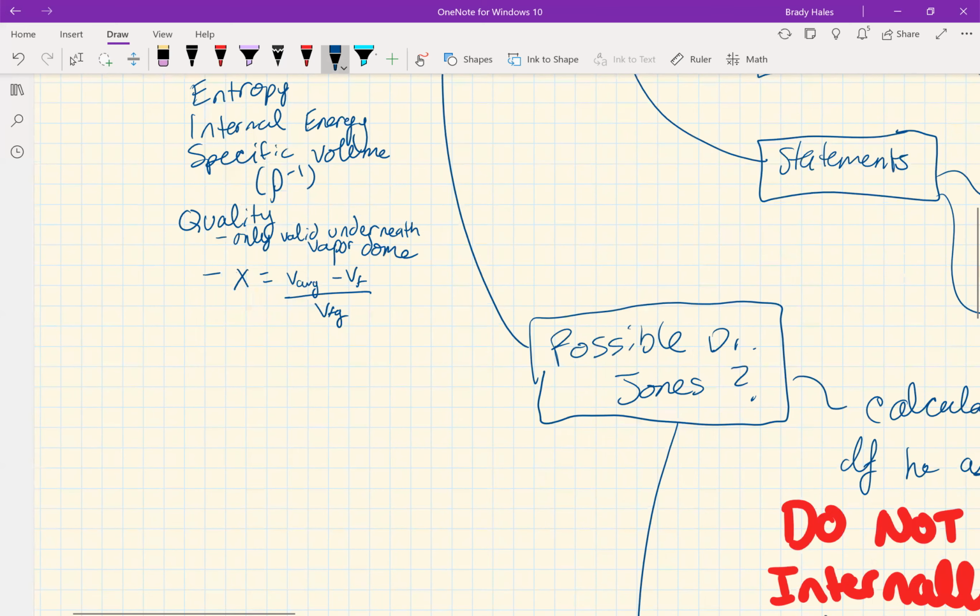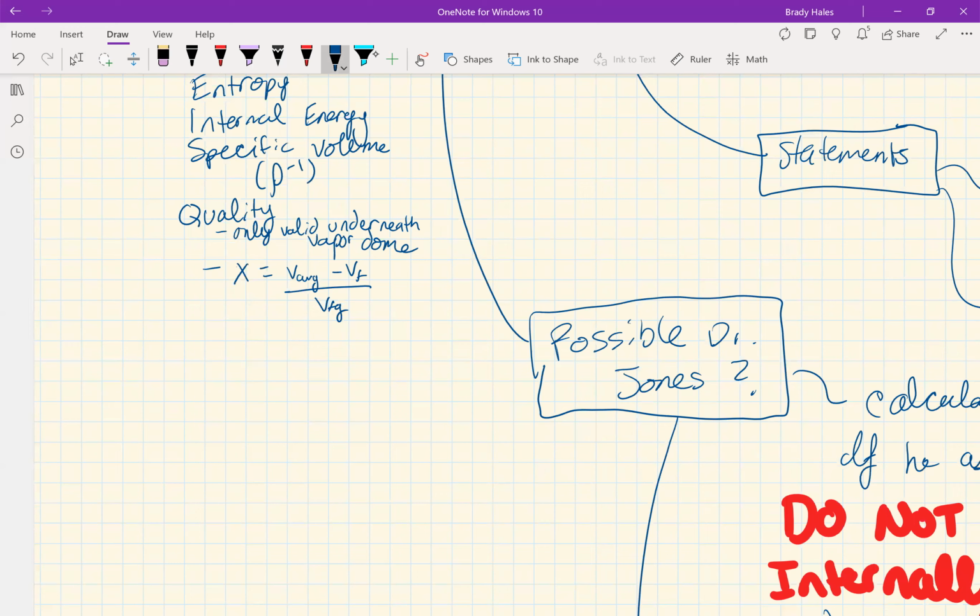If you end up having to calculate quality, you can actually use any property here, as long as the f and fg values are known. So you could use internal energy, entropy, or specific volume.